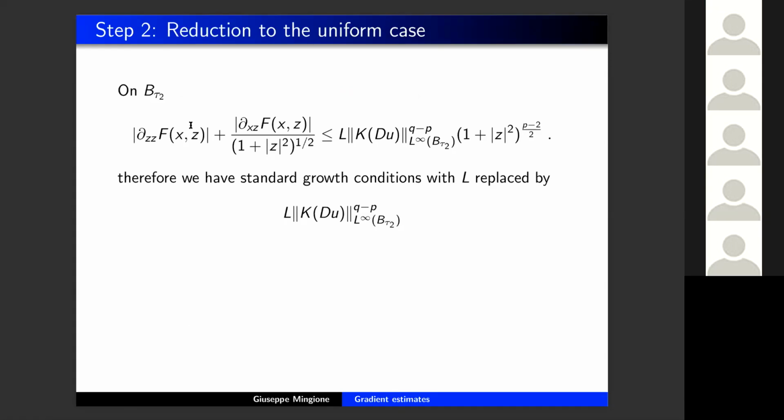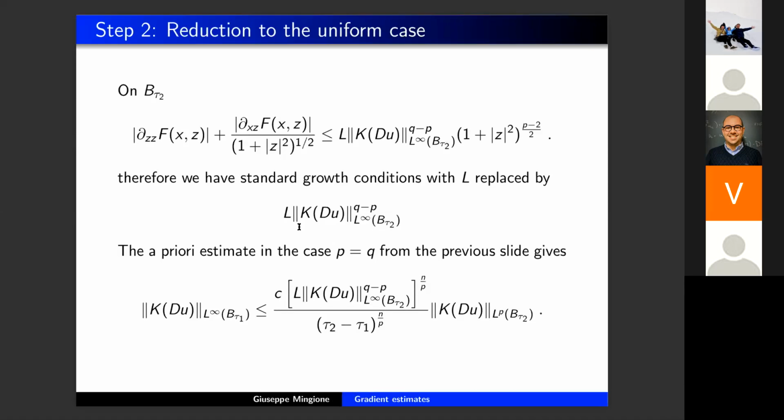What I'm doing is taking the highest eigenvalue, pulling out the L infinity norm of the gradient, and transforming the pq growth assumption into the pp assumption with a constant that now depends on the solution itself. So L can be replaced by this quantity. And now I can apply the uniformly elliptic estimate that tells me this.